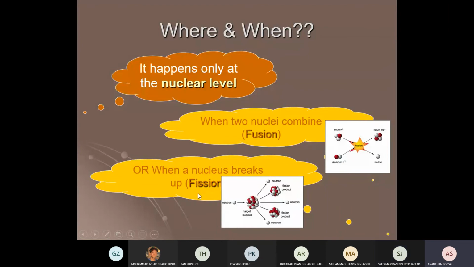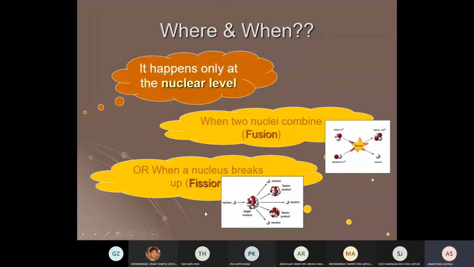So next, of course, fission. What is fission? When a heavy nucleus splits into two lighter nuclei and releases energy. This happens when a neutron is blasted into the heavy nucleus.